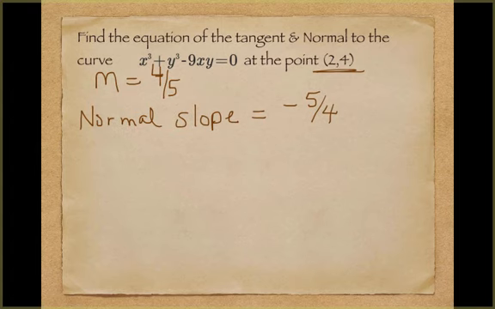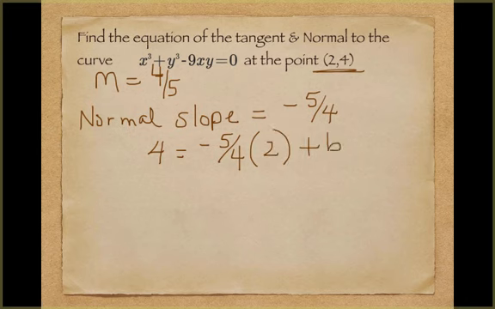So my equation using y equals mx plus b is 4 equals negative 5/4 times 2 plus b. So I have negative 5/2 plus b.